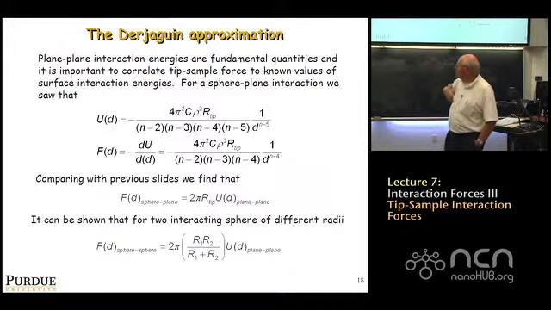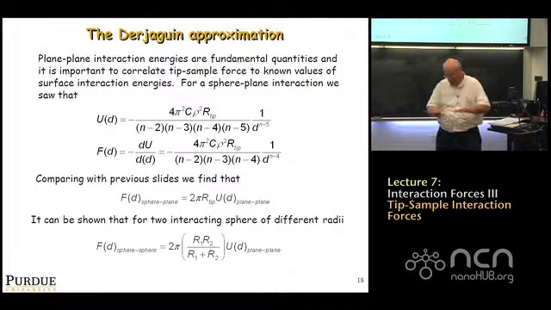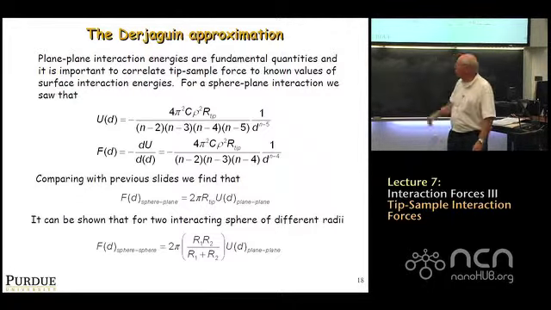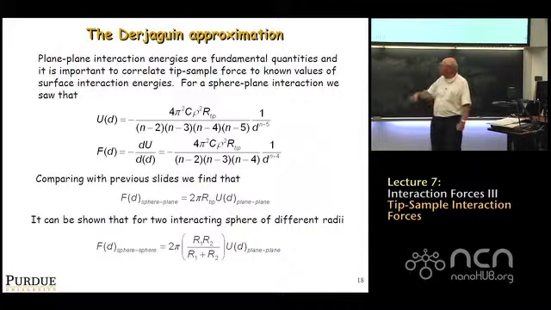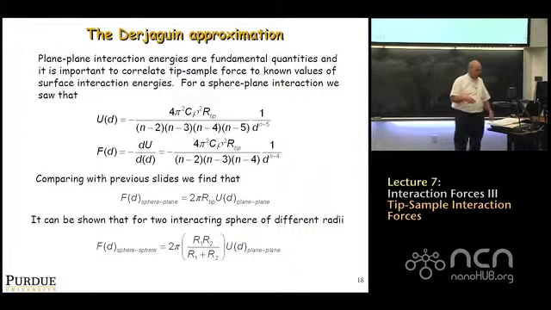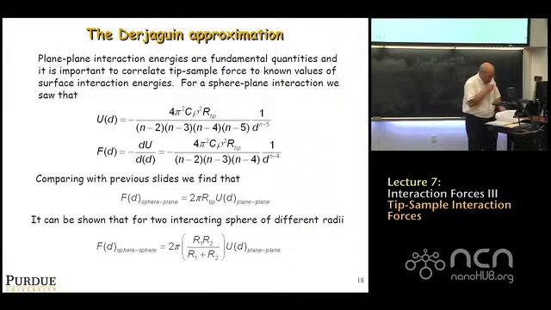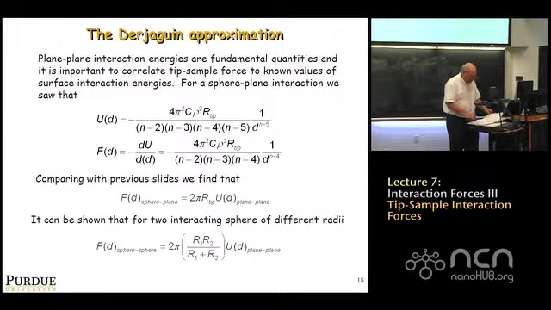So there's still a way that even if the substrate is not perfectly flat, if it's got some curvature to it, you can measure the sphere-sphere interaction force, how much it takes to separate two rigid spheres, and you can relate that back to this fundamental plane-plane quantity. Okay?